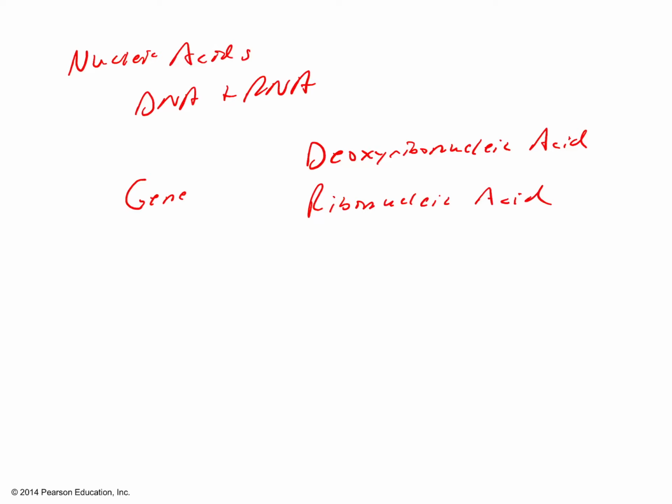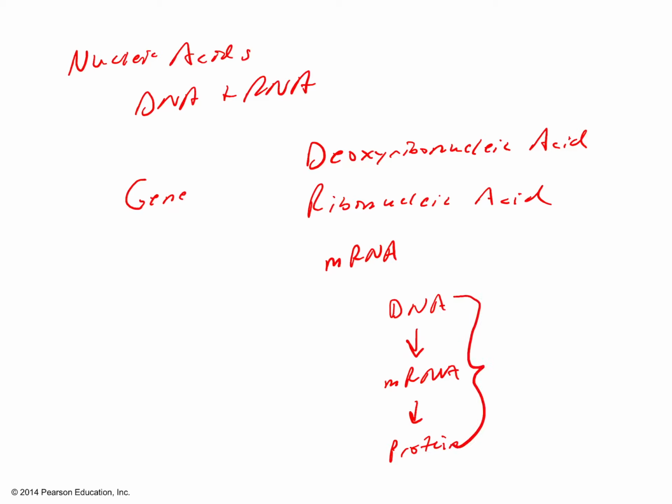But DNA also provides instructions for how to build RNA, in particular, what we call messenger RNA, or mRNA for short. Think of messenger RNA as sort of like a photocopy of the DNA. So we have a process whereby information flows in our cells from DNA to messenger RNA, and then from messenger RNA to protein.